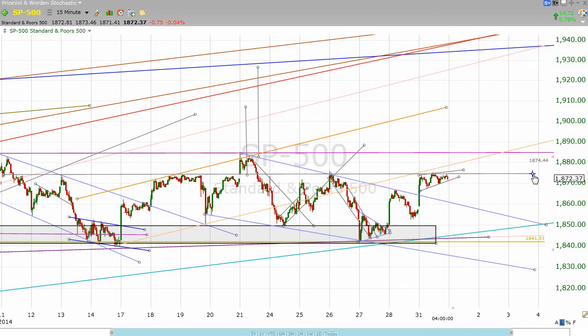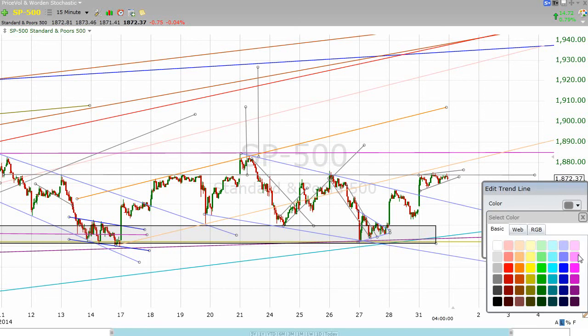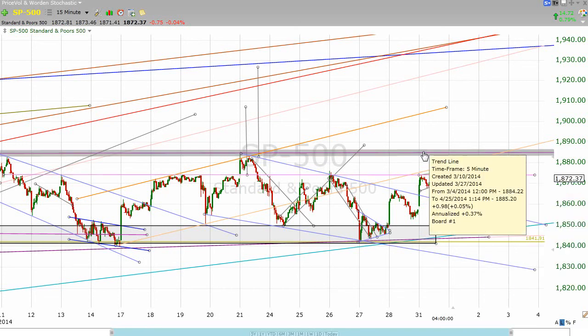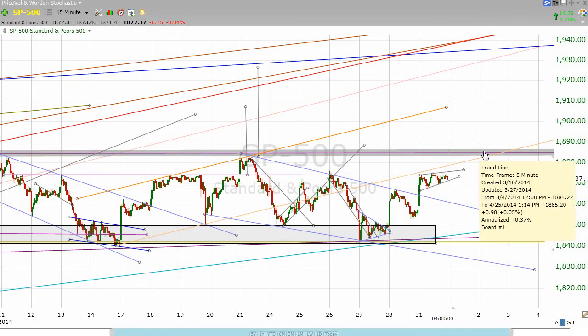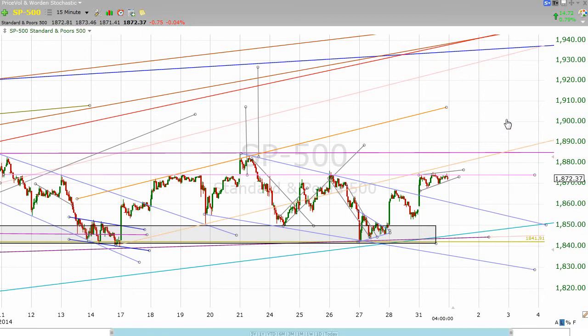So again, this is a secondary line of resistance, which I'm going to put as a very light lavender color. This is the more important line right here. Again, to reiterate, if we get up over this line, wherever it might happen, I think that should be signaling a move to, call it, the mid-1900s. I think that's good enough for now.